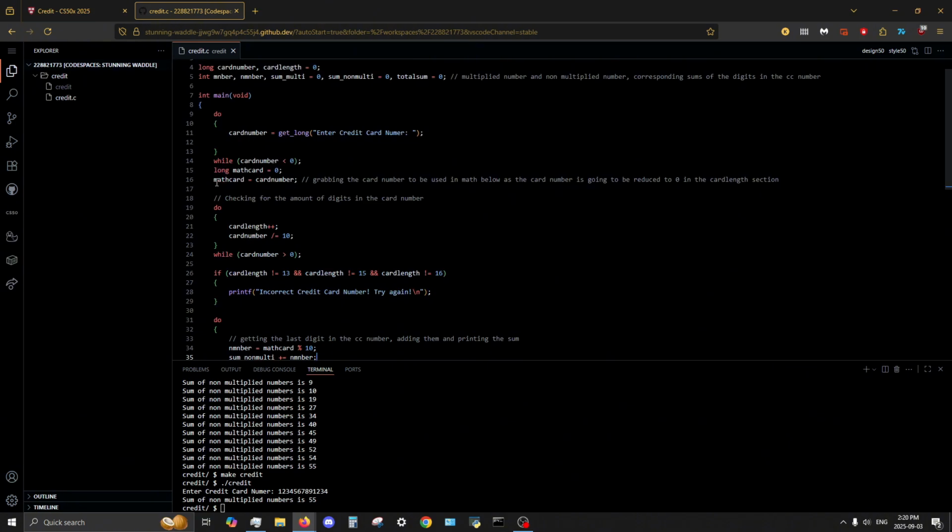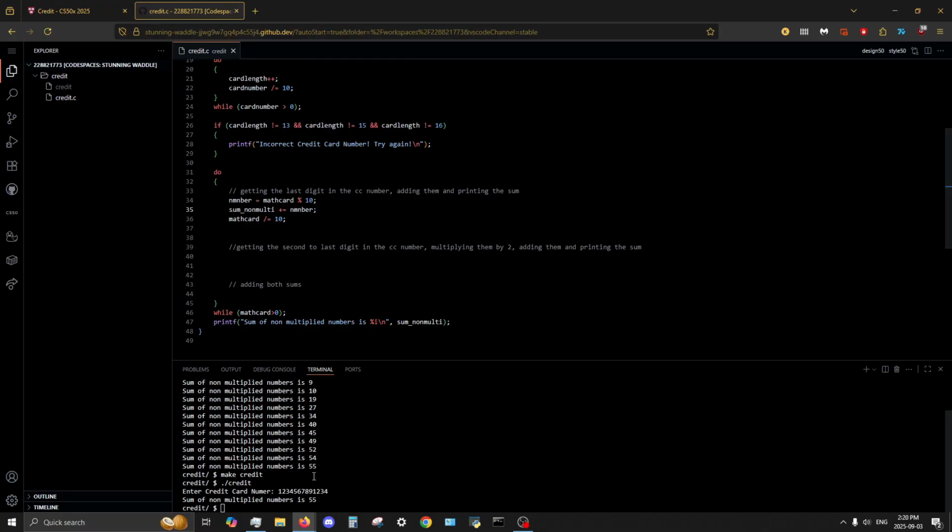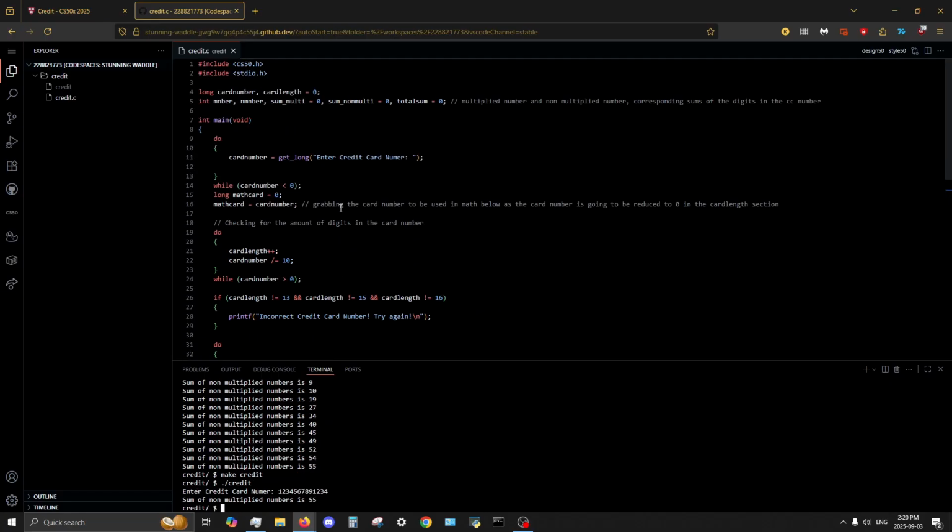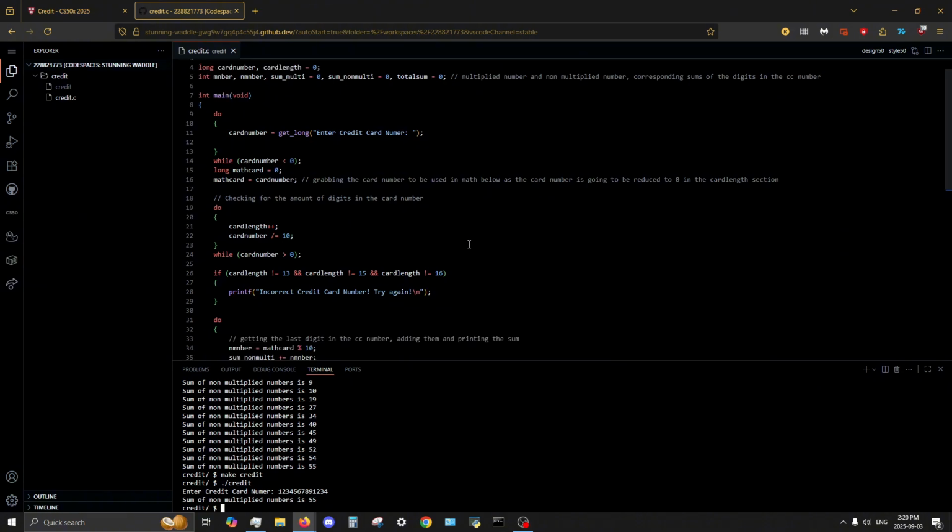So math card is going to be grabbing the card number to be used in the math below, as the card number is going to be reduced to 0 in the card length section, which is this. I've also moved the printf all the way below because when I left it on top here, it was printing every single addition. So, alright, we got that working now.